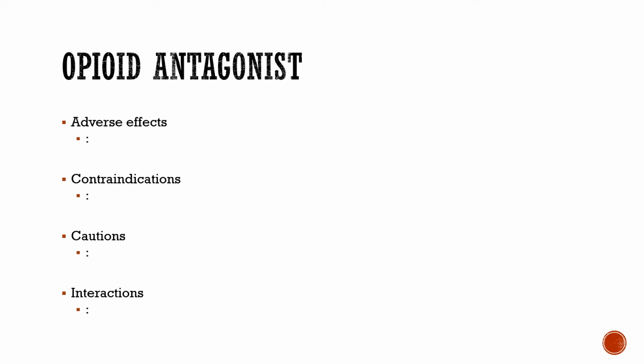Cautions. There's not a whole lot of caution. Your book's going to tell you addiction or dependence, but at the end of the day, if you need naloxone, you need it. Period. You're just going to give it to them, and you'll deal with the consequences later.